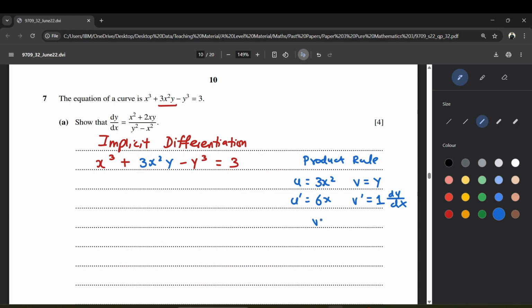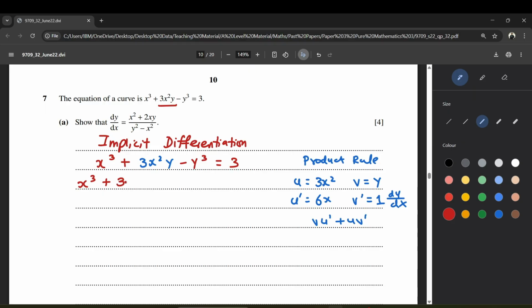Now we can just multiply them in the form v u dash plus u v dash. For those of you who might be familiar with a much shorter method, let me also explain that one. We don't necessarily always have to do the product rule like this. If it's a simple function, let's say this is my first function.